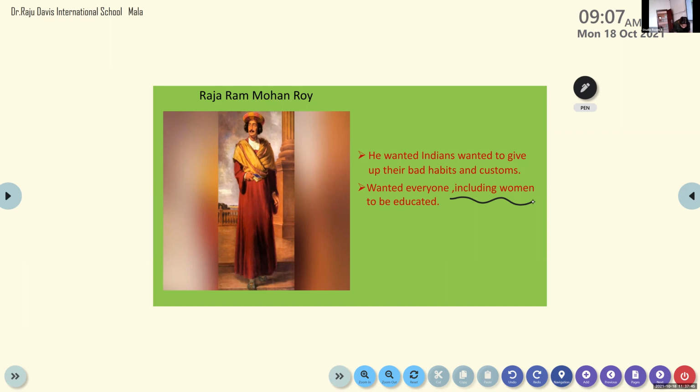Underline the sentence in the textbook, children. Page number 41, Reformation of Society. Raja Ram Mohan Roy felt that they should prove that they deserve it. He wanted Indians to give up their bad habits and customs. He wanted everyone, including women, to be educated.